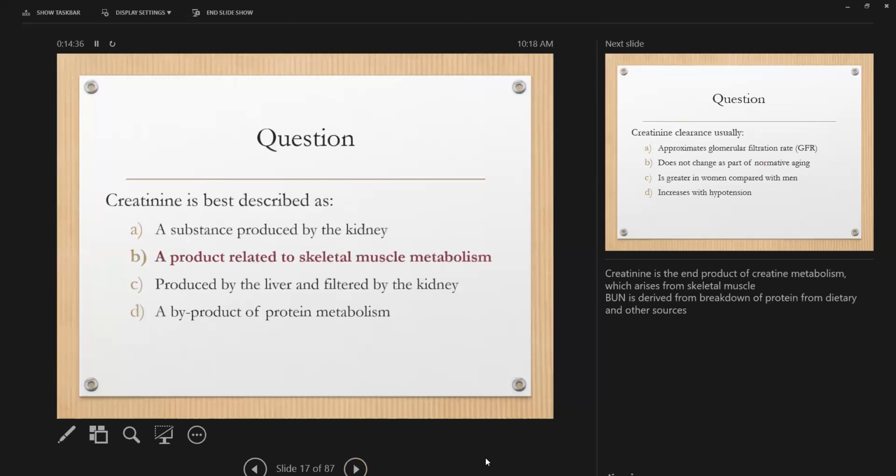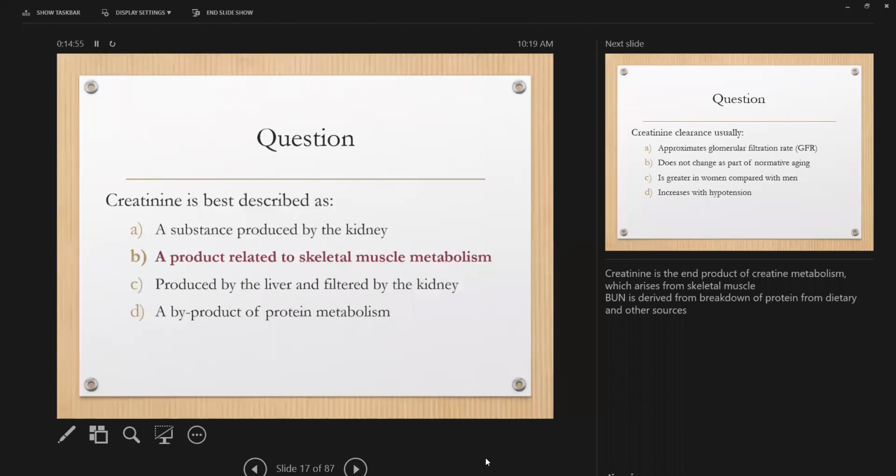So the creatinine that we see is a byproduct of the normal skeletal muscle contractions, or the metabolism that occurs to elicit a contraction. So we're supposed to have a creatinine level because we have skeletal muscle that's doing its thing every single day.